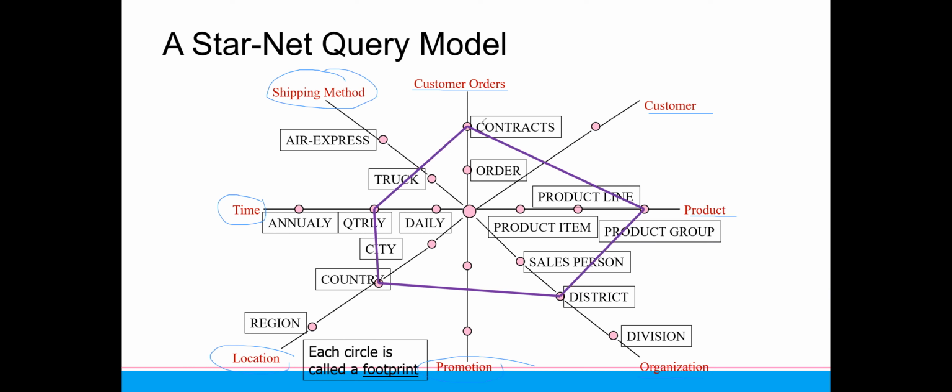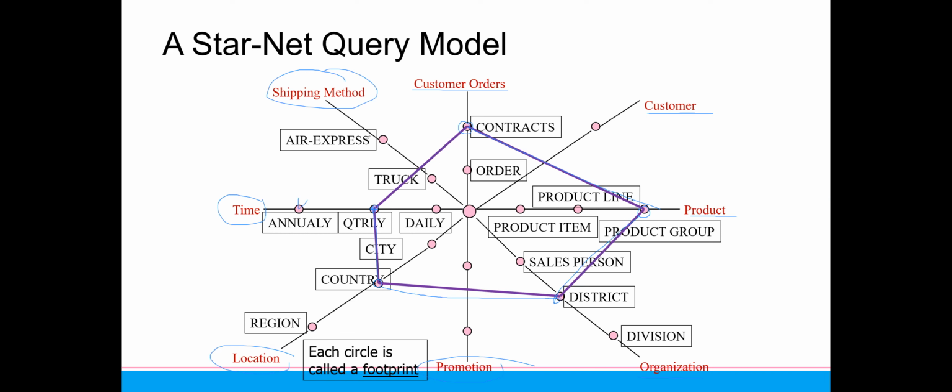So in the StarNet query model, let's say the customer order is based on a contract. I don't put the customer information, and then I know that I want to access the product group on a specific district in a particular country, based on the quarter or quarterly. Then you can get the data based on this kind of model.